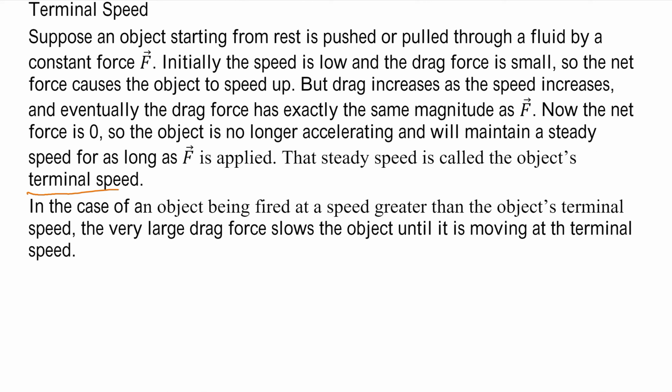If you were launched downward at a speed greater than your terminal speed, you would slow down until you got to your terminal speed. So the object that's in motion is always going to be trying to get to its terminal speed, whether through speeding up or slowing down. So that's terminal speed.